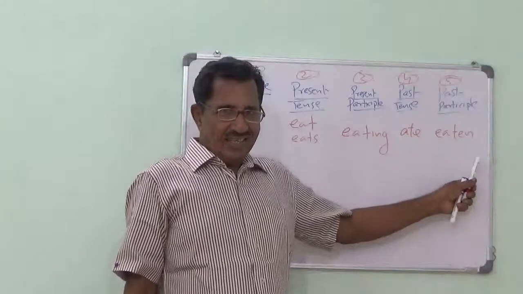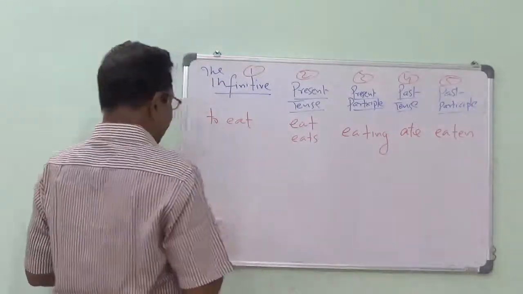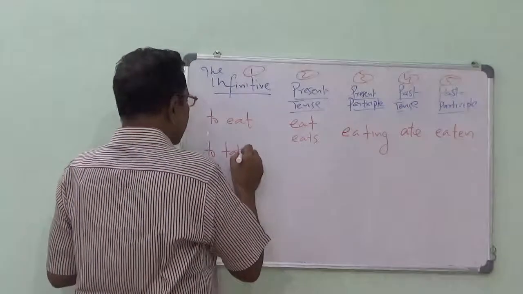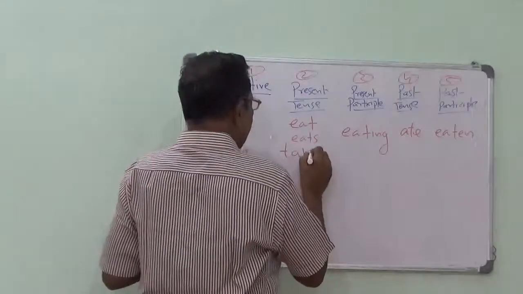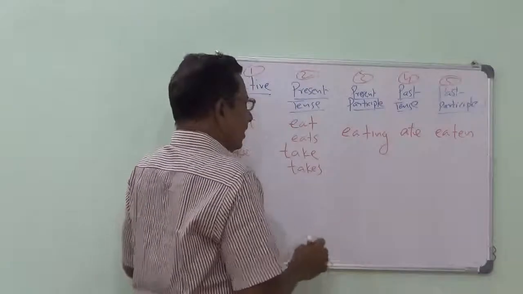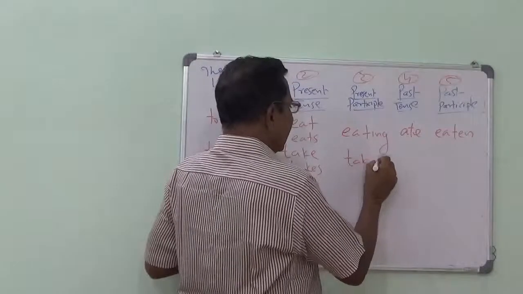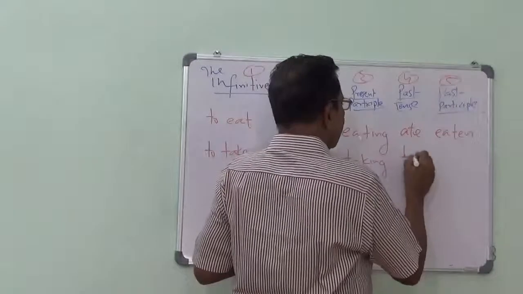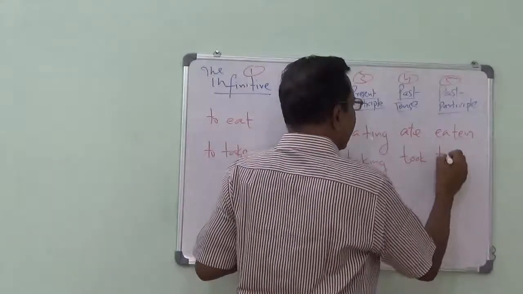Look at that. Take another word. Which one do you want? To take. Present forms are take and takes. Present participle is taking. Past tense is took. And past participle is taken.